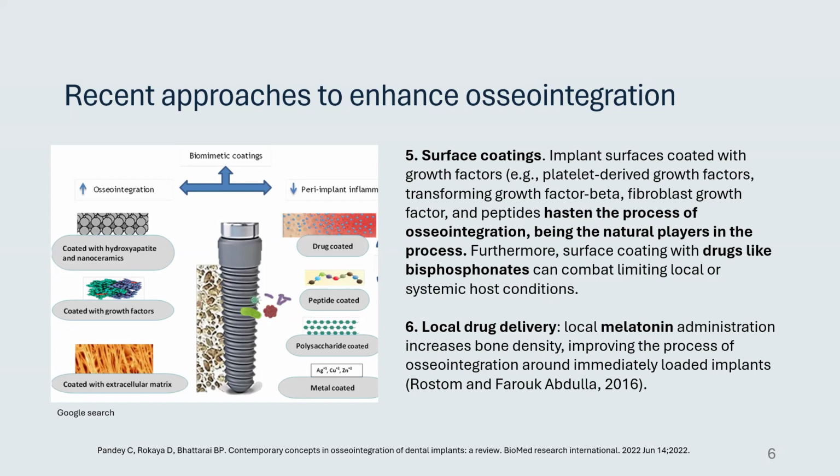Some studies reported that coating the surface with drugs like bisphosphonate can improve bone density and was associated with higher ISQ values. Local drug delivery of drugs like melatonin can also increase the bone density.